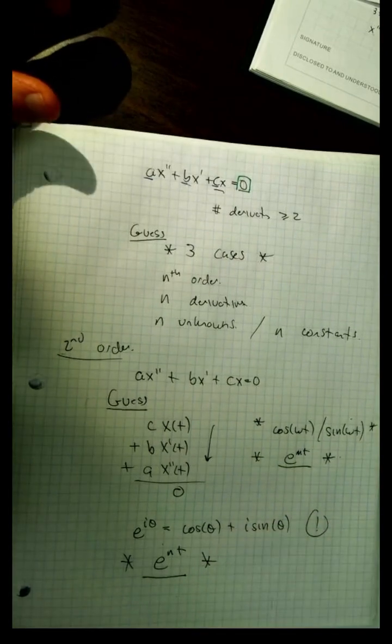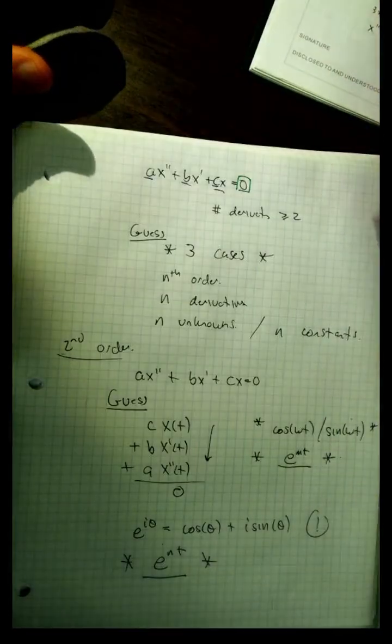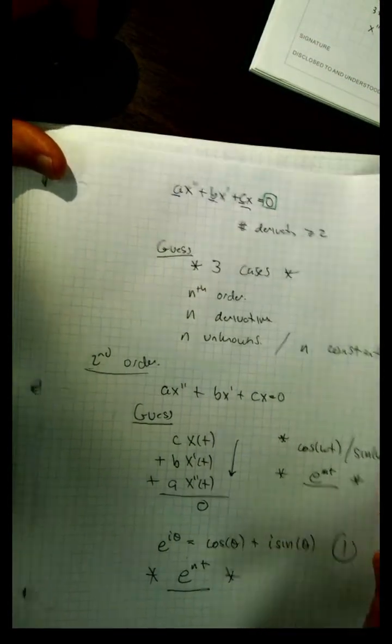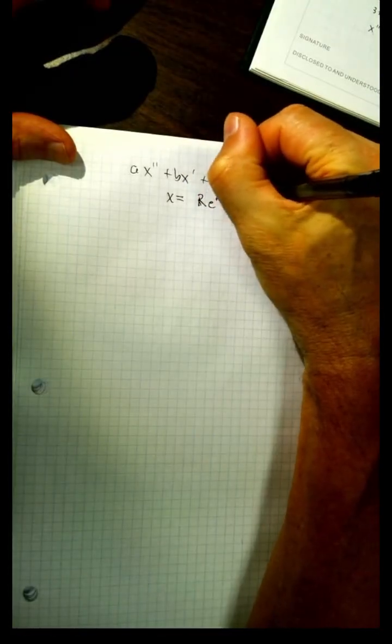Okay? So what's the idea? The idea is that if I have something of this form, and again, a, b, and c are constants, I'm going to try the most general exponential I can.